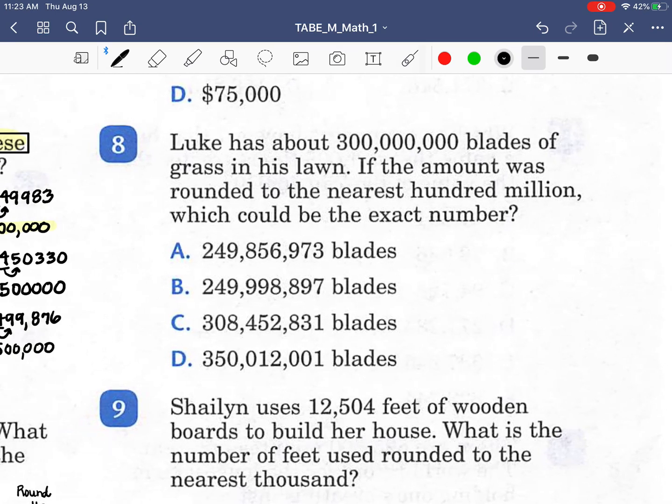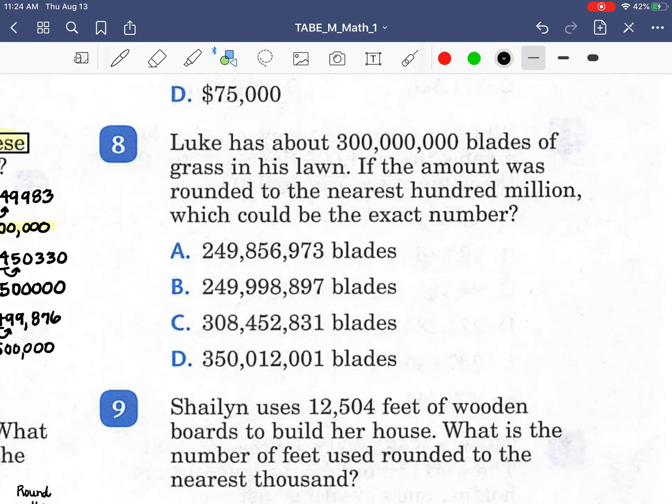Okay, rather than write this out over and over, I just don't have the room. I'm going to do it right here on the numbers themselves. If you need to stop the video and copy those down, that's fine if you're not writing in your book.